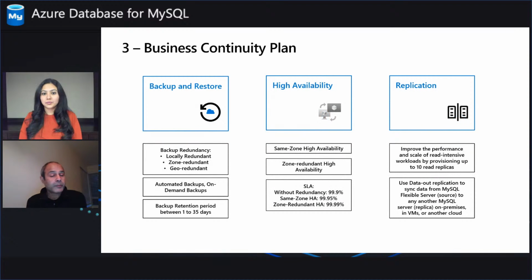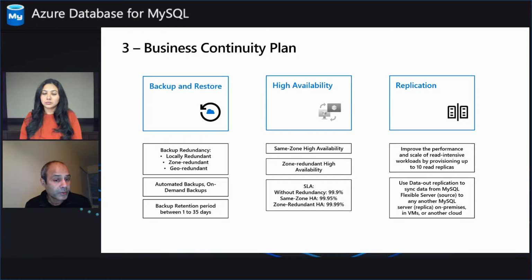The last thing, before you do the migration, is planning for business continuity, high availability, and disaster recovery. On backup and restore, we have auto backups, which you can retain from 1 to 35 days. The backup redundancy depends on the provisioning of your MySQL instance.